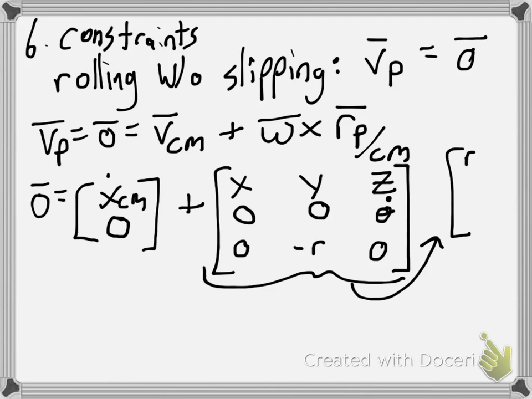So I have a positive r theta dot in the x, 0 in the y, and of course 0 in the z. So combining this with my velocity of the center of mass, which only has x velocity, I simply have x dot of the center of mass plus r theta dot equals 0.